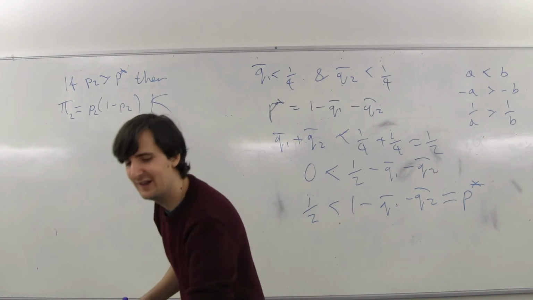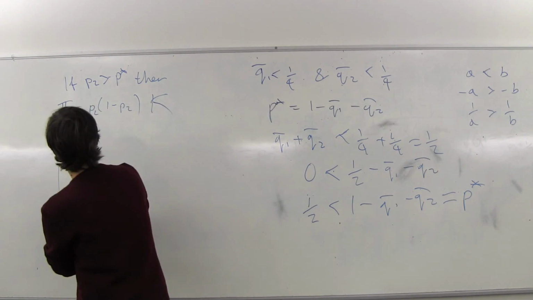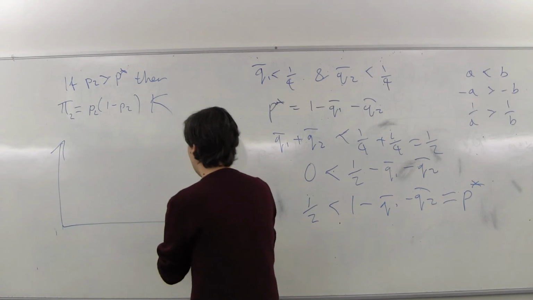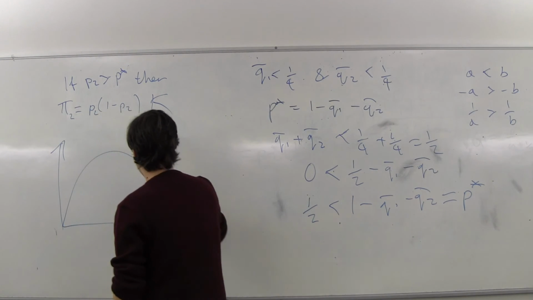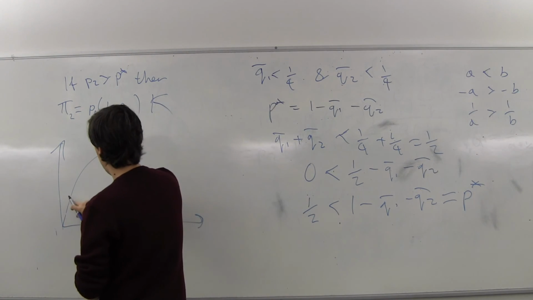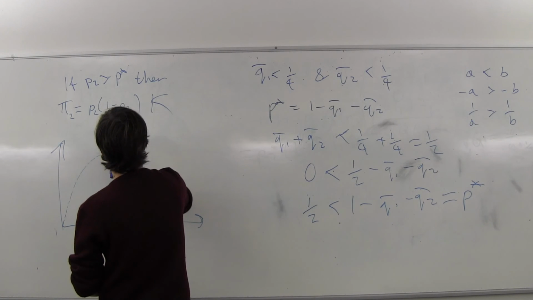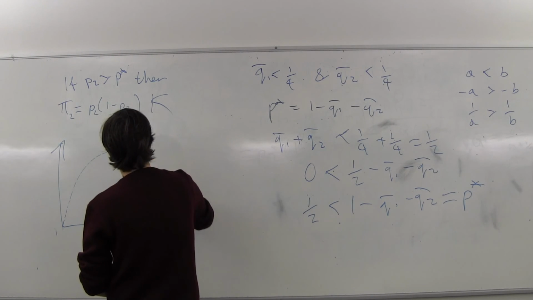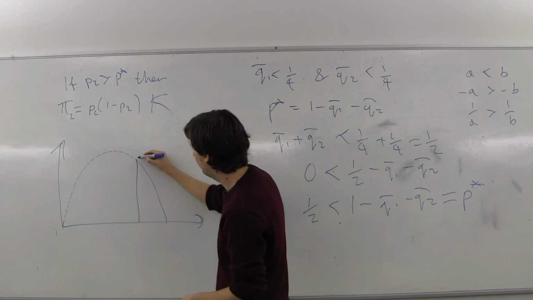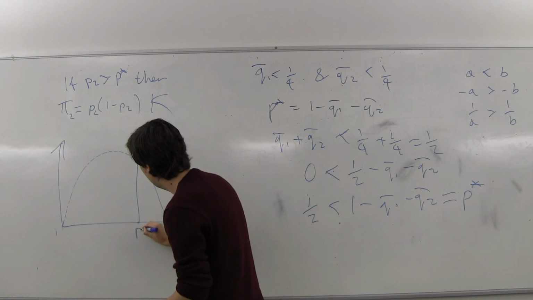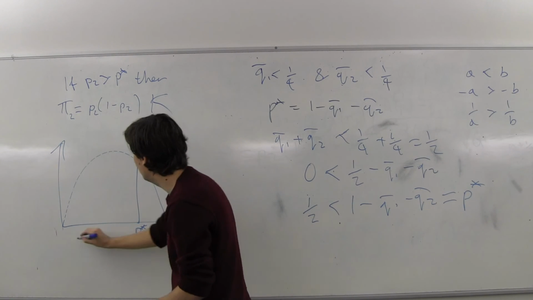Okay, so let me draw this picture right now. This is just for reference. Here's P star. This is 1. This is 0.